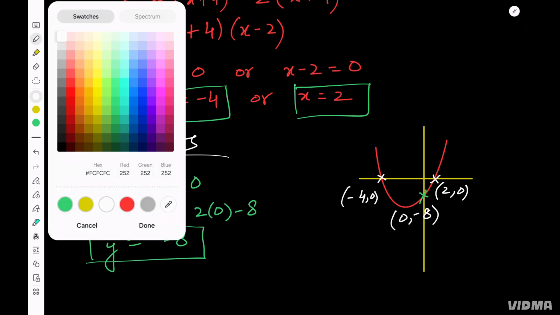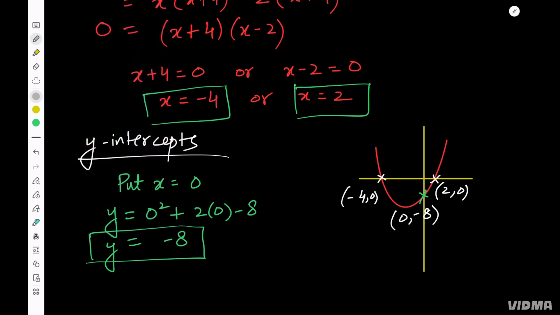Now we need to find the turning point. This is one of the most important things that students need to understand, and the turning point would be here. Let me make it more clear for you. This point is (0, minus 8).